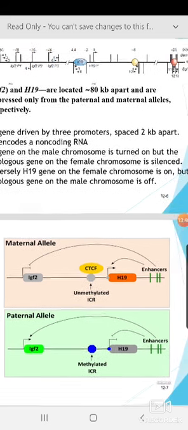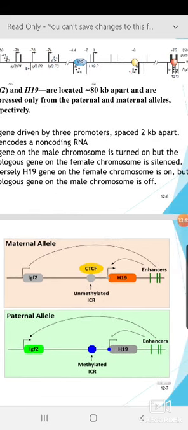Come to the paternal allele. Now in the paternal allele, some other modification takes place. What happened? The paternal allele is methylated at the imprinting control region, ICR. That means this methylation silences the gene. Methylation will take place and it will lead to heterochromatin formation.